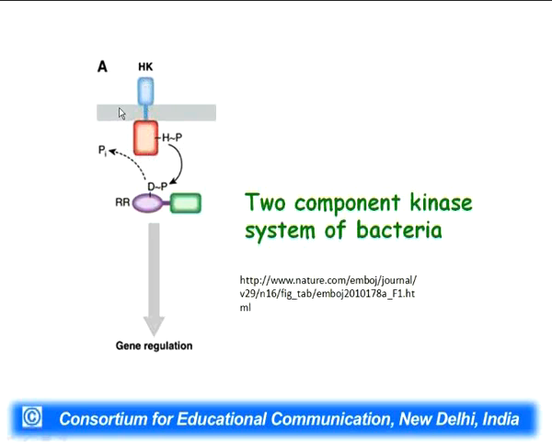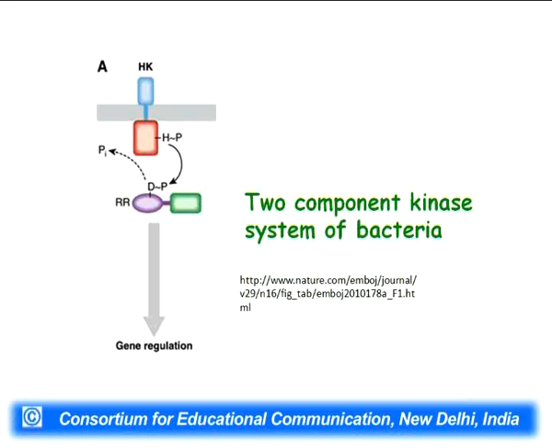So, this is the first component, and then the second component is called the response regulator or RR. This response regulator has an aspartate amino acid. So, this is also called the histidine aspartate kinase system, where the histidine kinase component can phosphorylate the second component, and that becomes an active molecule.